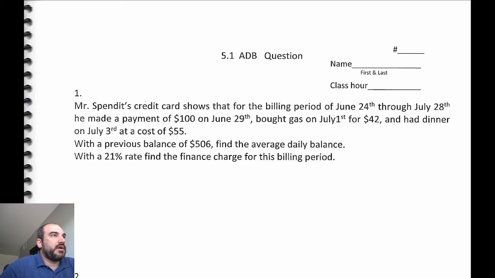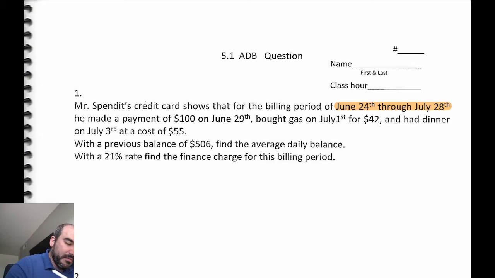Let me check. Okay, Mr. Spendit's credit card shows that for the billing period of June 24th through July 28th. So that's our whole billing cycle, which is kind of like a 1 month-ish billing cycle, as most credit cards work with.